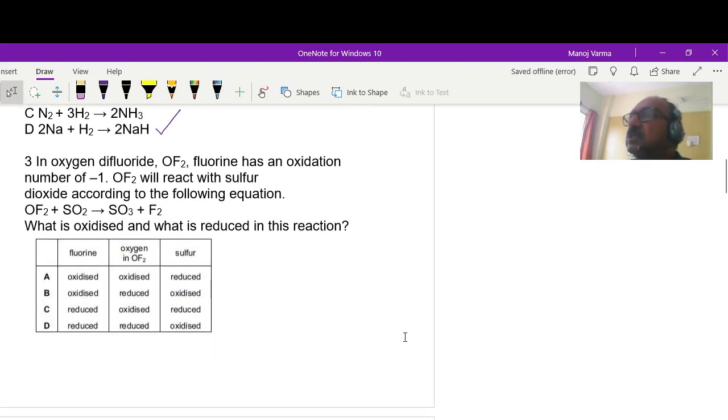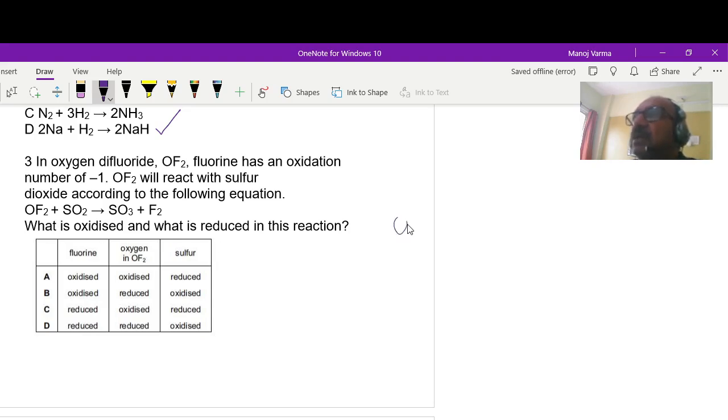So here let us do one more example, and then you will understand even in greater depth. In oxygen difluoride OF2, fluorine has an oxidation number of -1. OF2 will react with sulfur dioxide according to the following equation, and the equation is given to you.